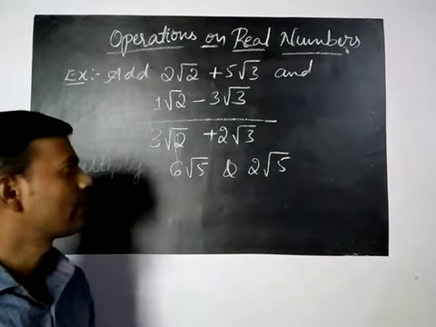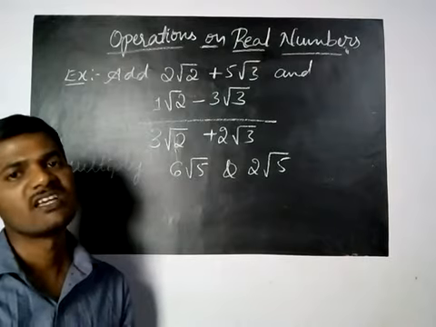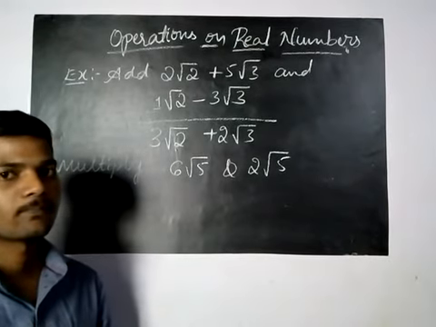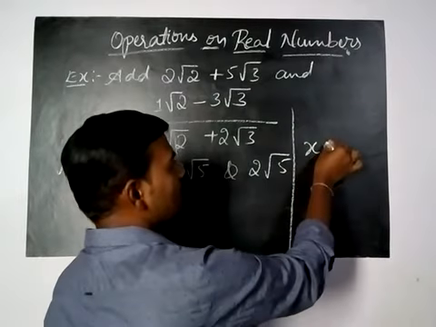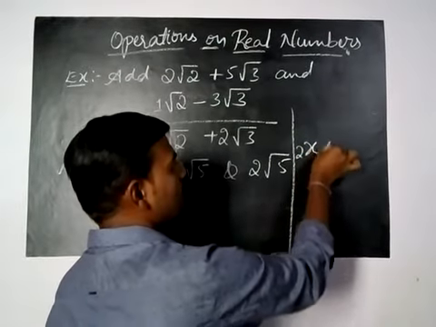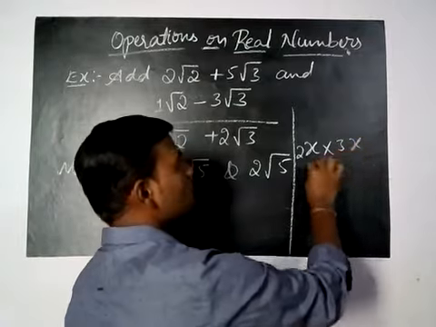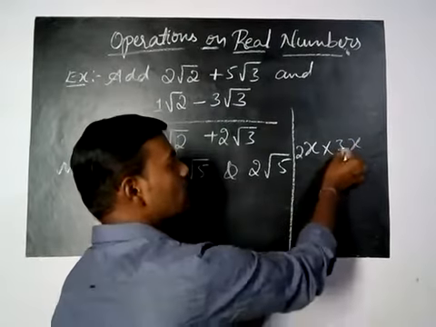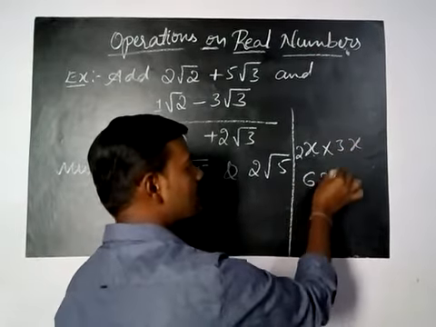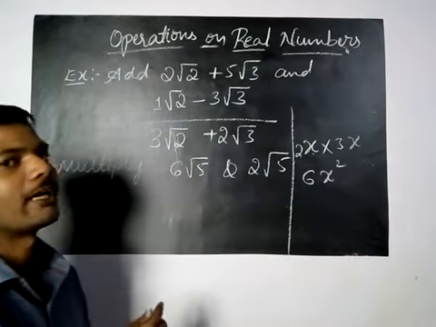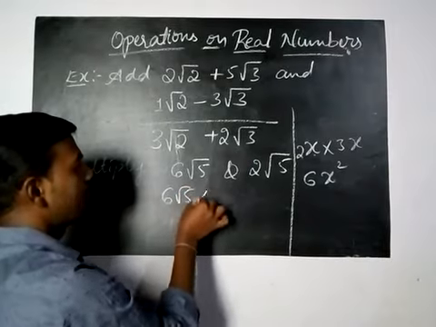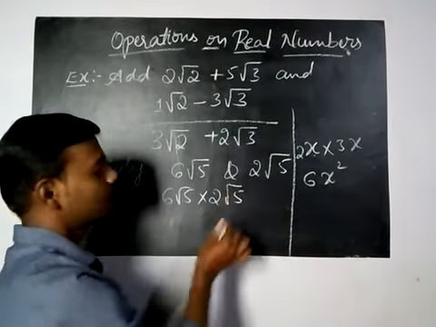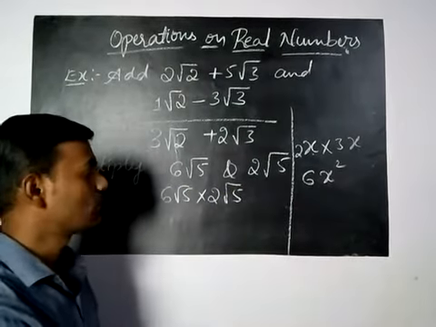As you know, in multiplication of algebraic expressions, 2x into 3x is 2 into 3, 6, x into x, x square. In the similar way we do here: 6 root 5 into 2 root 5.